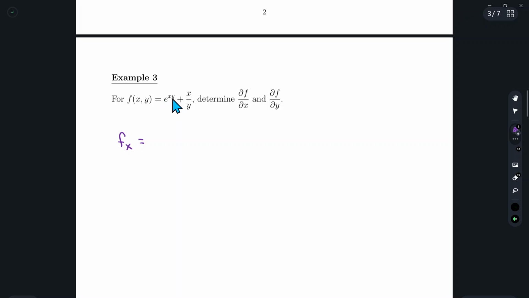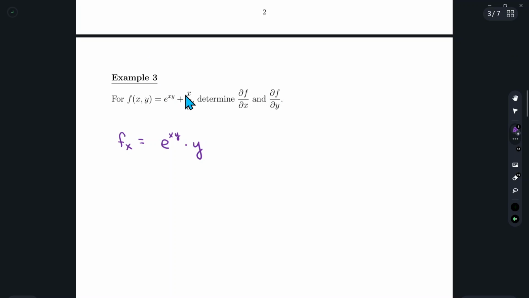So the derivative of the exponential function is just the exponential function, except in the exponent, I have more than just x, so I have to apply the chain rule here, right? So the derivative of what's inside here, treating y as a constant, so this is just a constant times x, meaning the derivative of the inside would be the coefficient, which is y.